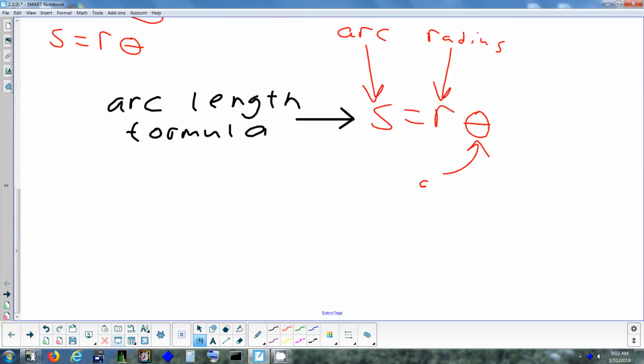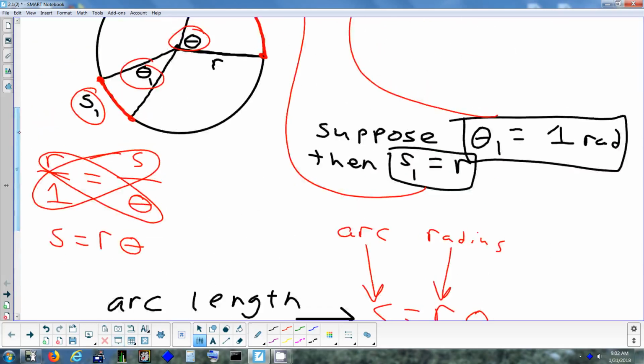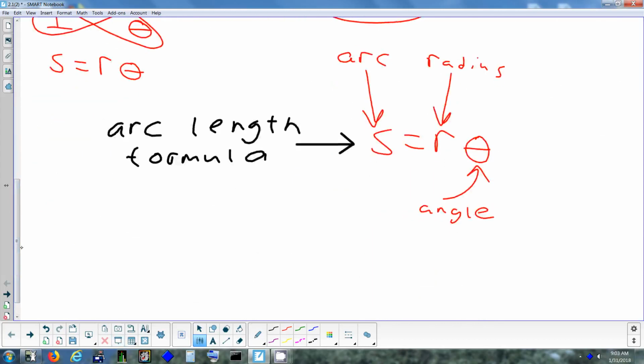We have to be careful, because way back when we figured out this formula, we assumed something about our angle. We assumed that we were working in what units? Radians. This whole thing was built on the assumption that everything was in radians. So when you use this formula, it has to be in radians. If you're given an angle that's not in radians, that's your first thing you've got to do. Change it to radians.